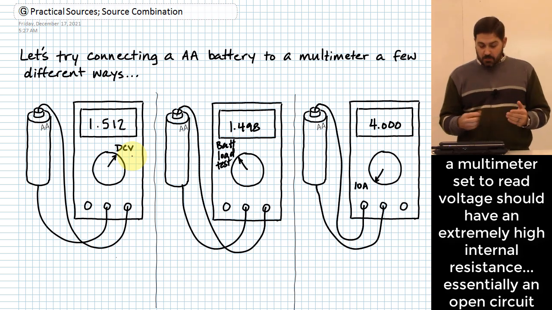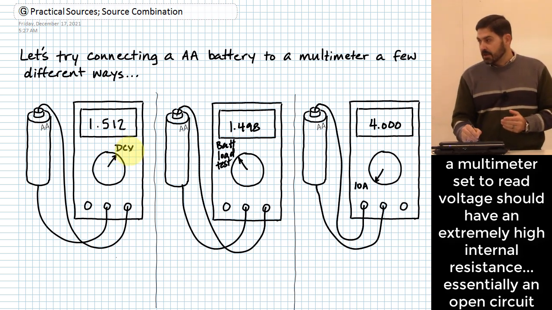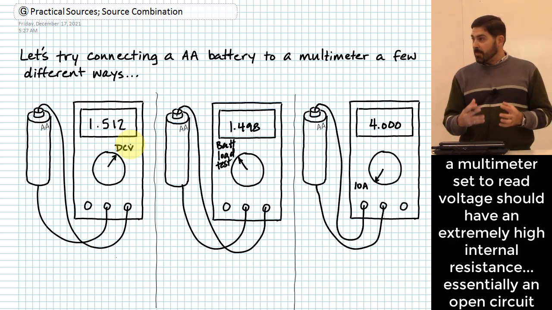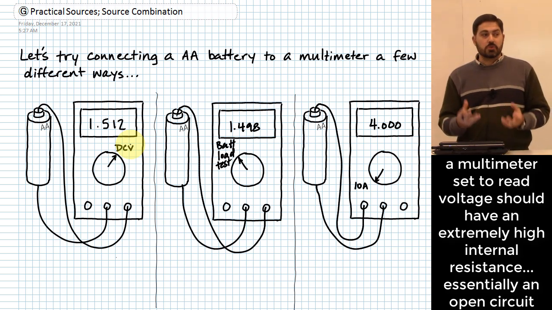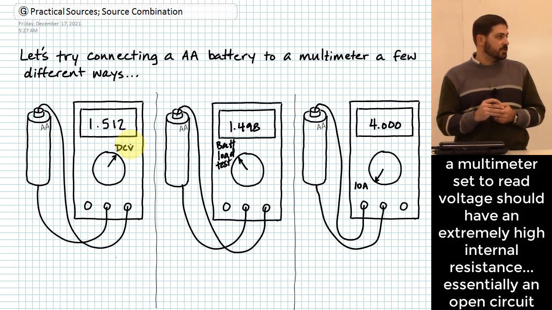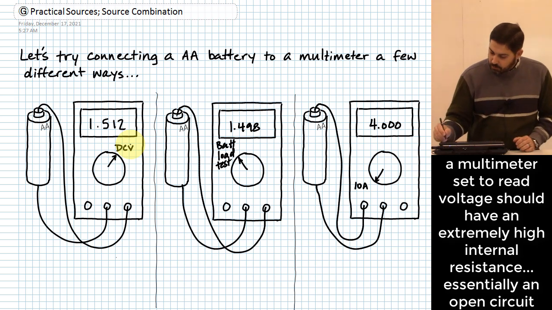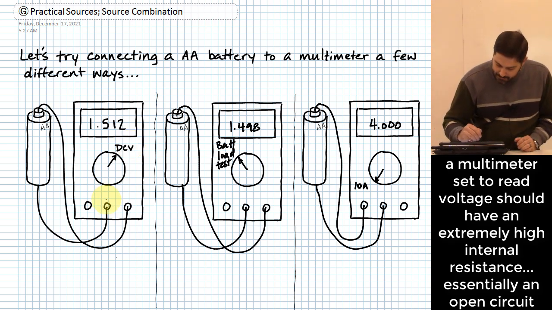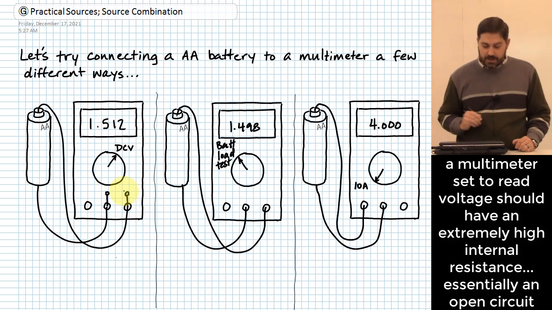So for that reason, when you are set on DC volts, meters are made in such a way as they try to have extremely high effective resistance to current flowing through them when you're on this DC volt setting. So essentially, if you kind of think of what goes on inside this meter, it's close enough to say it kind of comes up in here and we have an open circuit internally inside of this meter.